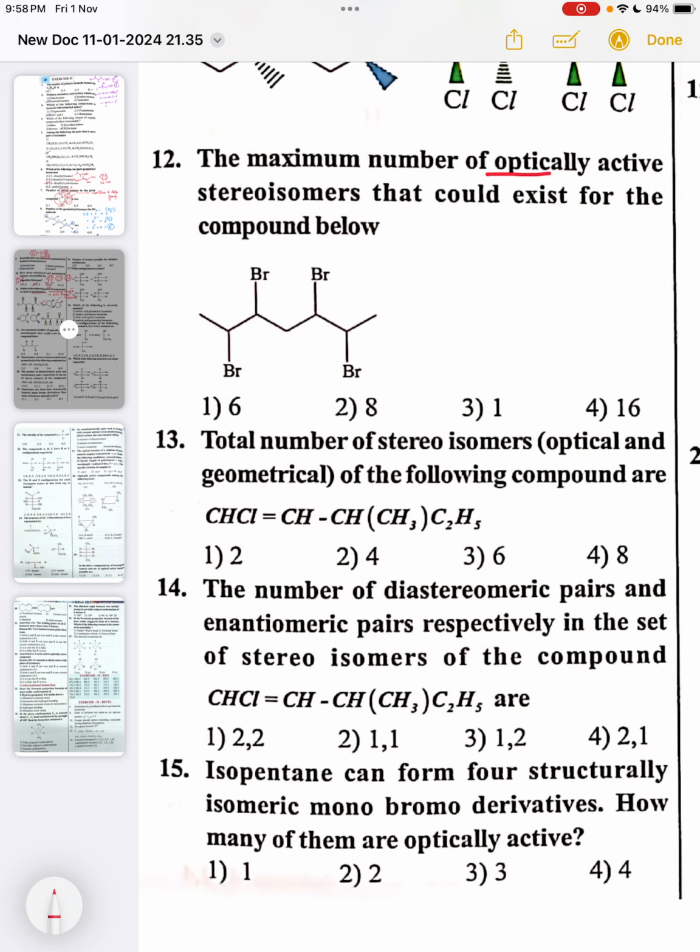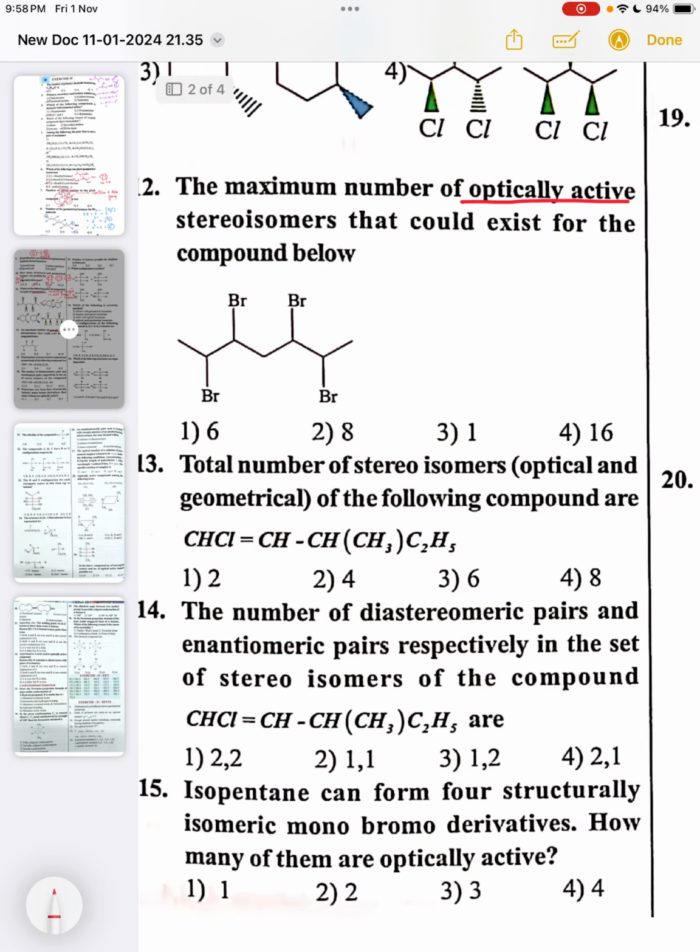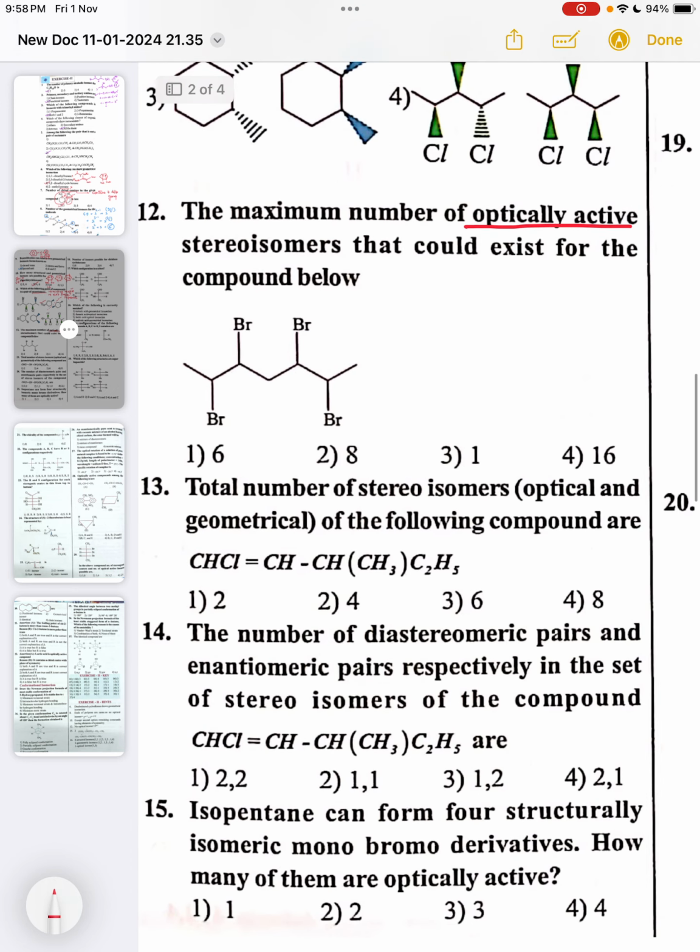Next, the maximum number of optically active stereoisomers that could exist for the compound below. Maximum number of optically active. A compound is optically active when it contains four different groups. That is only called as chiral center, generally we say. So in the given compound, let us see, four different groups are present on this carbon.